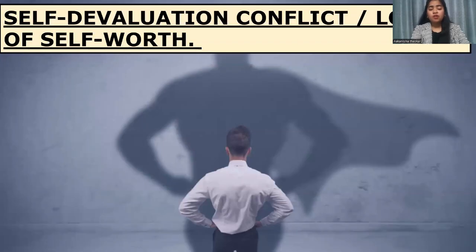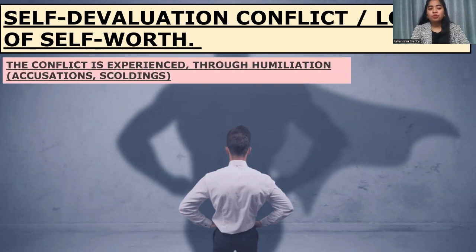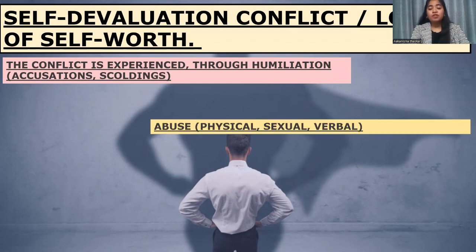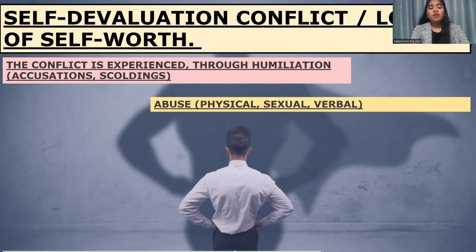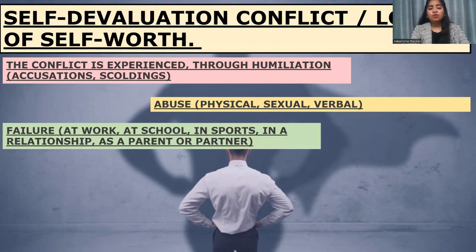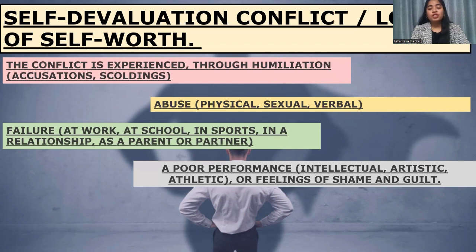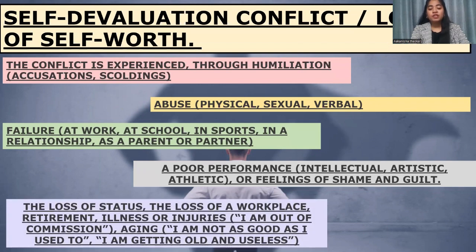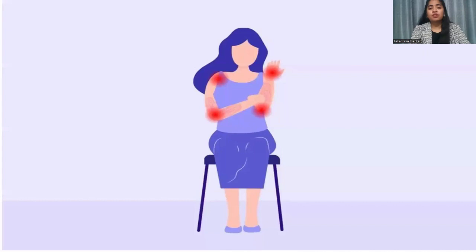The biological conflict associated with bone is self-devaluation conflict or loss of self-worth, which may be experienced through humiliation, accusation, scolding, abuse, which can be physical, sexual, or verbal, failure at workplace, at school, in sports, a poor performance or feeling of shame and guilt. Loss of status, loss of workplace can also trigger self-devaluation conflict or loss of self-worth.